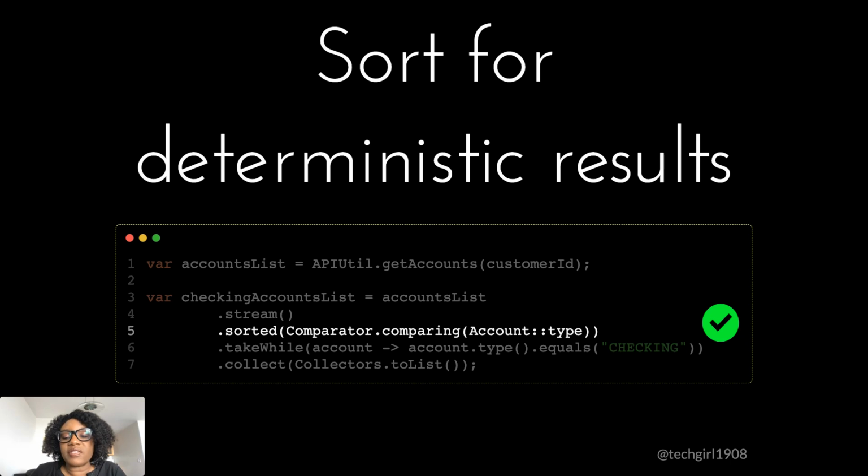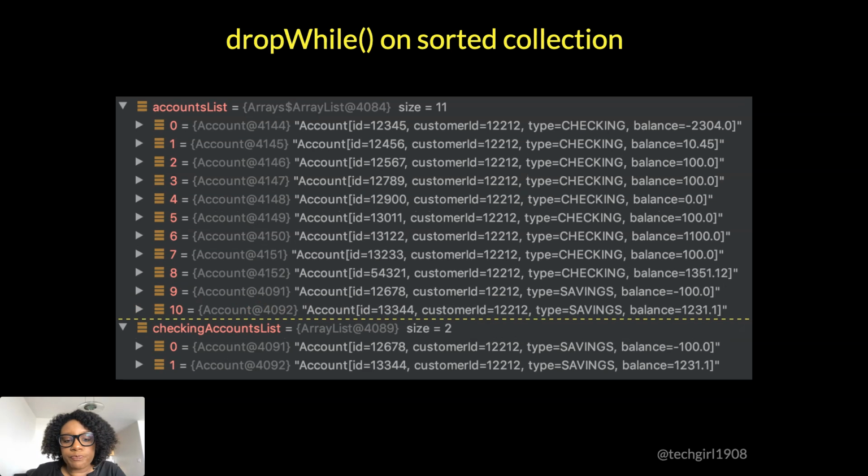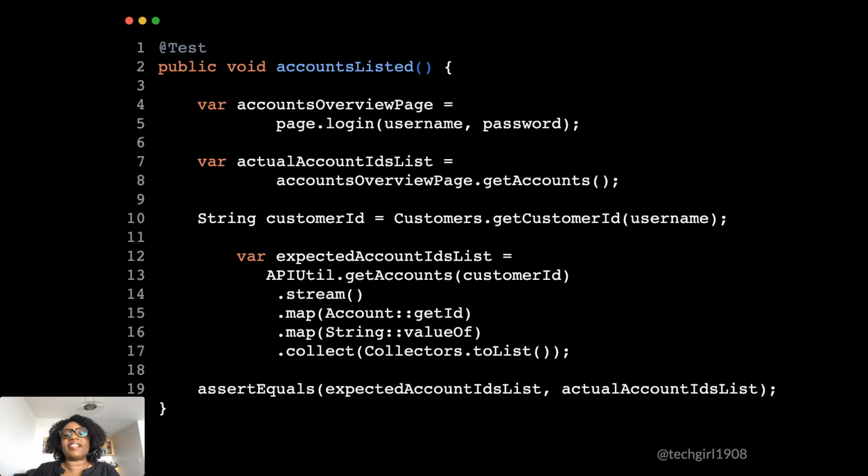And notice I'm using this comparator to specify which property I want this object sorted by. So given the sorted list, we see that it collects all of the checking accounts, and that actually makes more sense. Likewise for dropWhile. Okay? All right, let's see what else we can modernize.